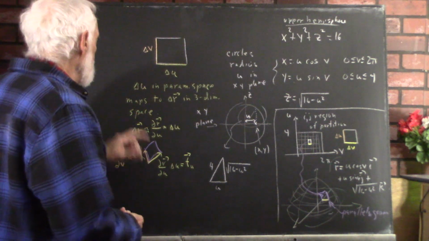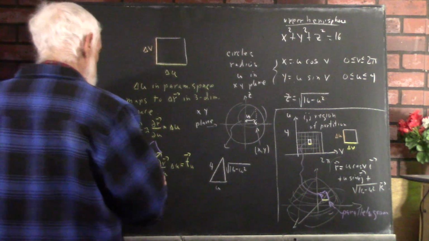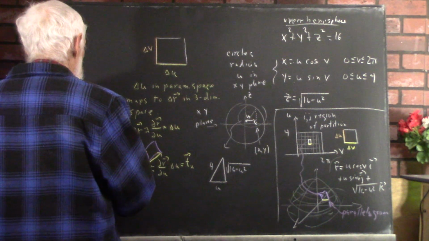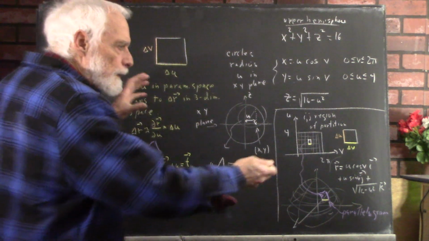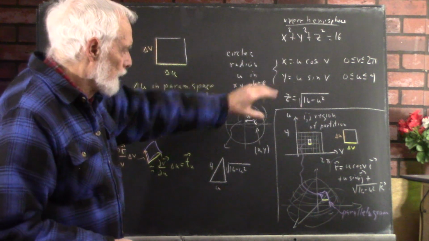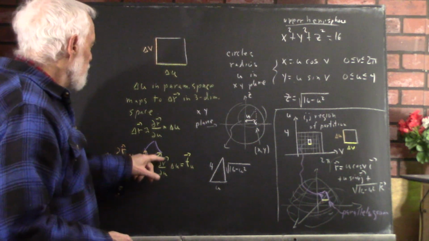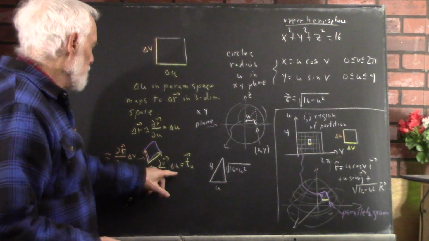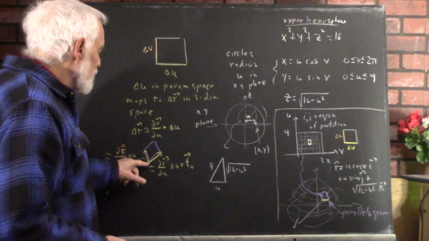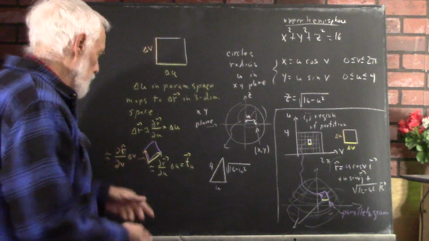Now, these are all approximations. This is an approximation. This is an approximation. But as we shrink the intervals in our partition, the little squares in our partition of the rectangle in parameter space, it doesn't matter where you calculate this. You can calculate it at a sample point, as we usually do. It's going to be very close to this vector, and at the sample point you calculate this, it's going to be very close to this vector.